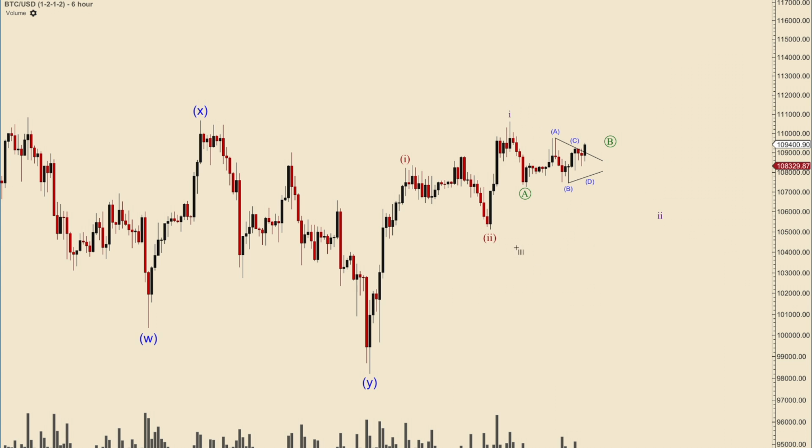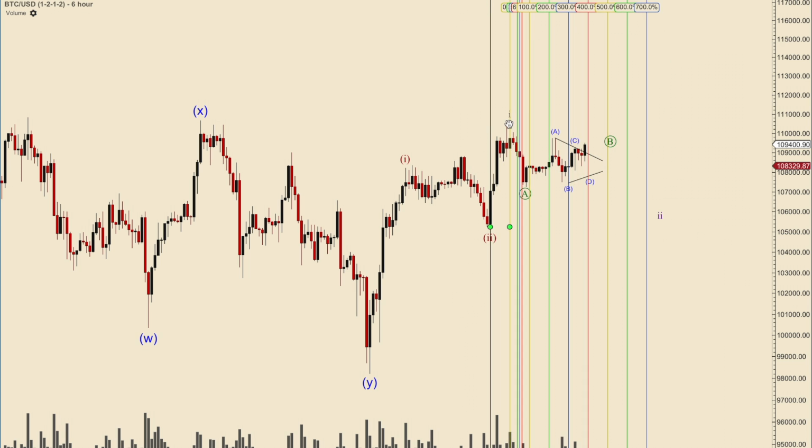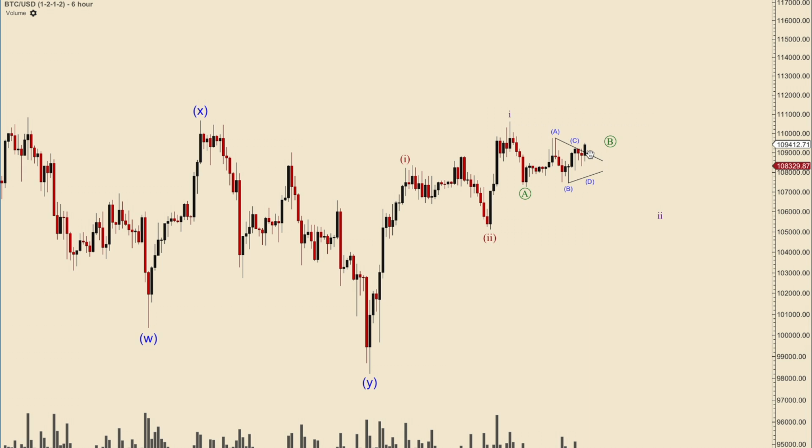So you can see here, if I take the fib time, that we are approaching the 4 fib time before being complete. So that is pretty uncommon for a wave 2, and therefore it has higher probabilities of being a correction.